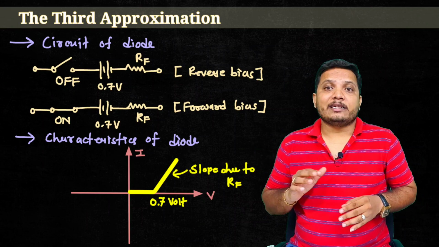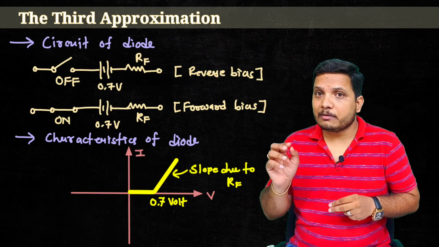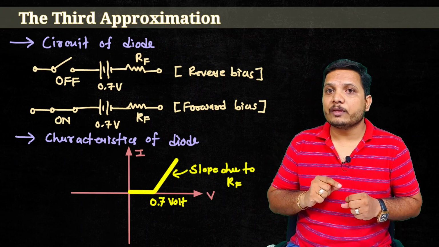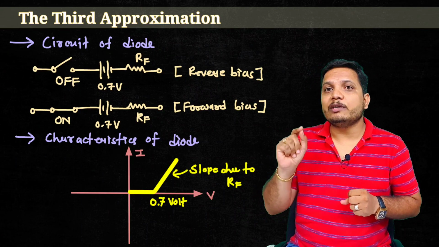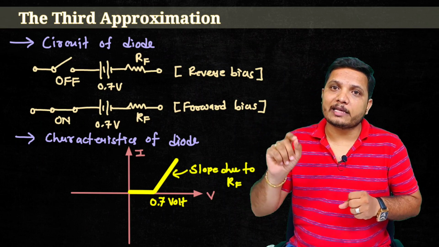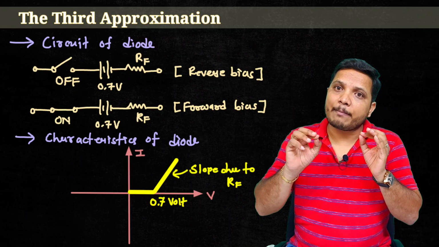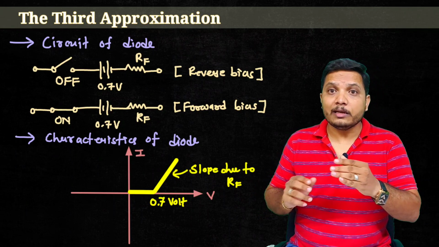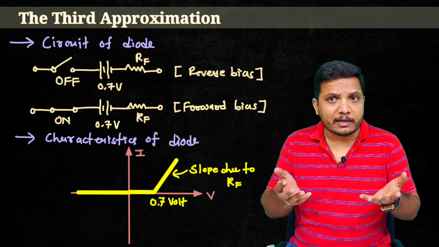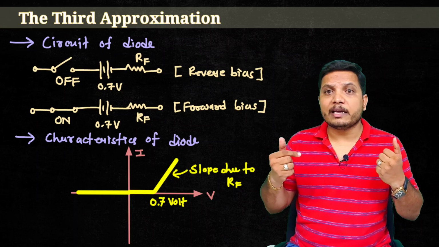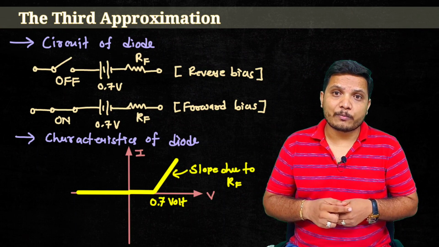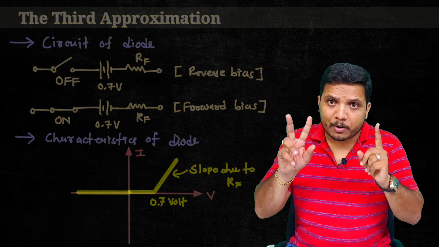Here you can see in the characteristics in forward bias condition from 0 to 0.7 volt, 0 current is flowing. Greater than 0.7 volt current is flowing, but it increases linearly as per the resistance which is approximated. In reverse bias condition the diode is considered as an open circuit, and with an open circuit infinite resistance is considered, so 0 current will flow.